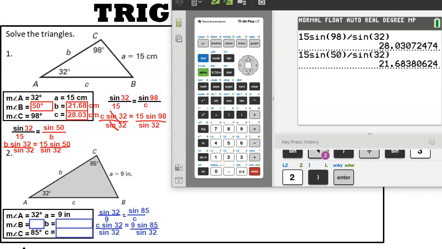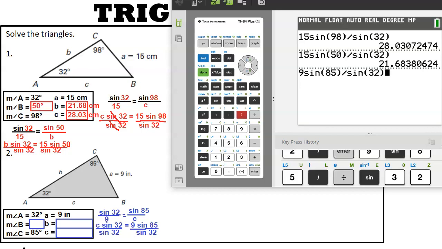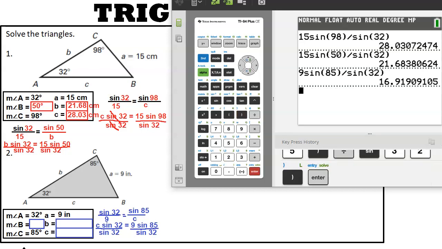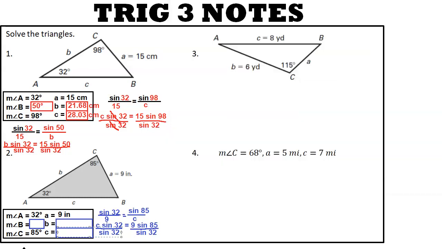If you round in the middle of a problem, then you're going to find yourself making a lot bigger error with your final answer as far as the numbers are concerned. All right. So we're going to take 9 times the sine of 85, and we're going to divide by the sine of 32. Notice that I closed off that first set of parentheses. And that gives us, if we round, 16.92 inches.